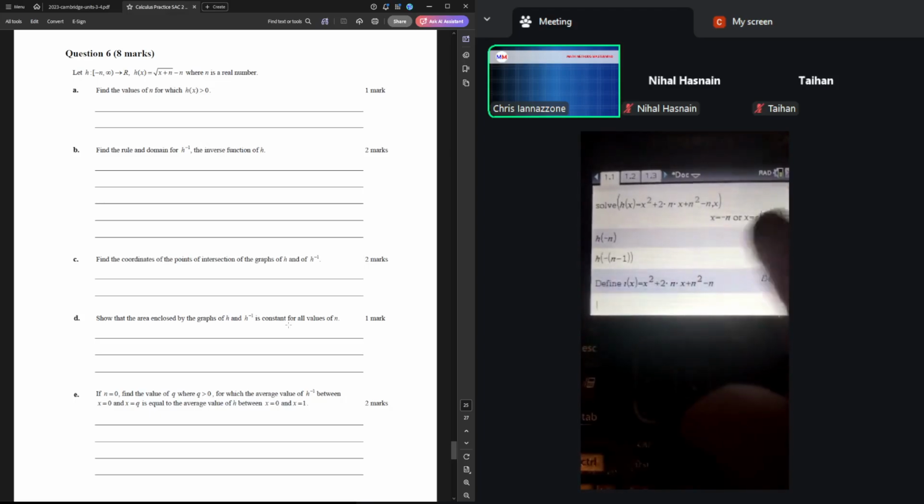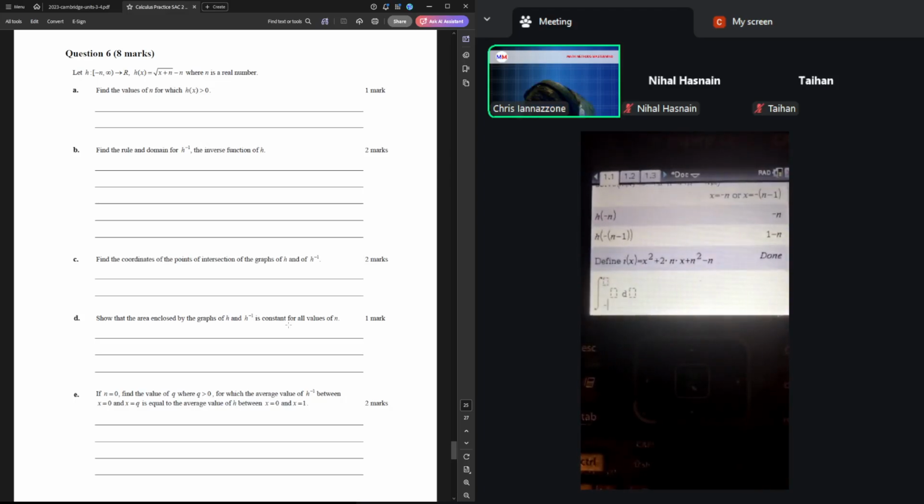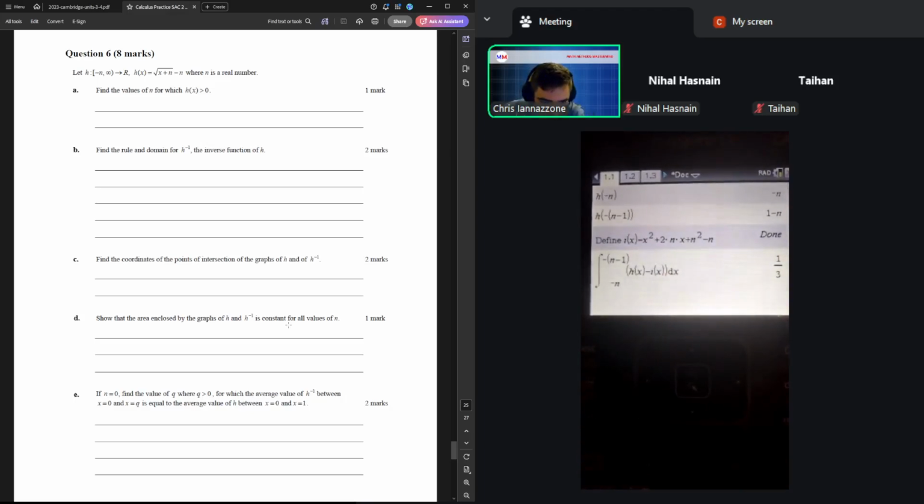We had here negative n and negative n take 1. So long as we make those our endpoints, we should be good. Negative n take 1, and it was h take I, because it's h on top, I on bottom. And in this case, yeah, comes out to be a constant value.